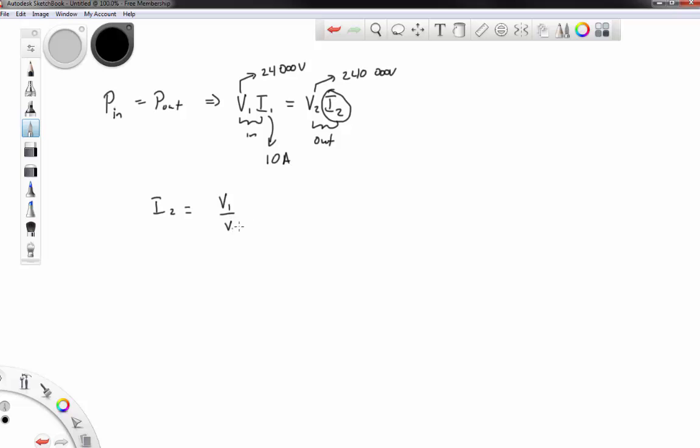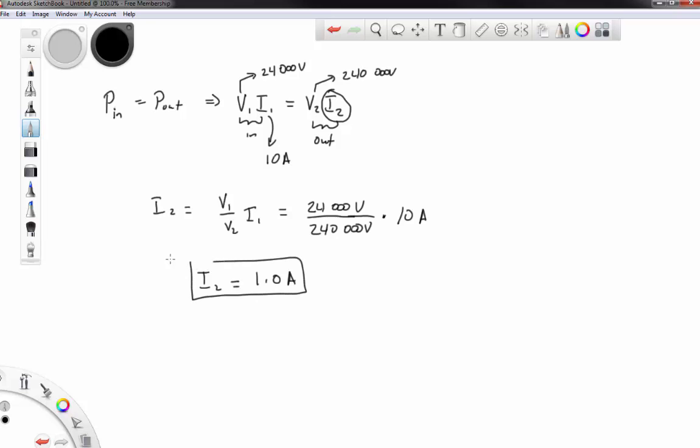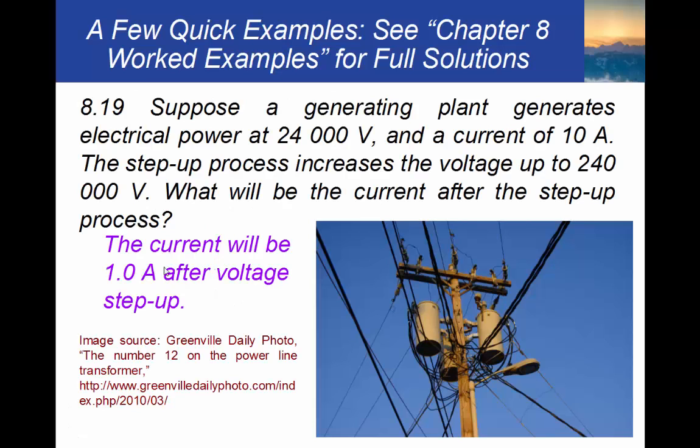I2 should be V1 over V2 times I1, and so that is 24,000 divided by 240,000 volts times 10 amps. So quick mental math, this is a tenth of this, so that means that I2 should be equal to 1.0 amp. If you need to use your calculator to verify that, then be my guest. In any case, your output current should be 1.0 amps after the voltage step up.